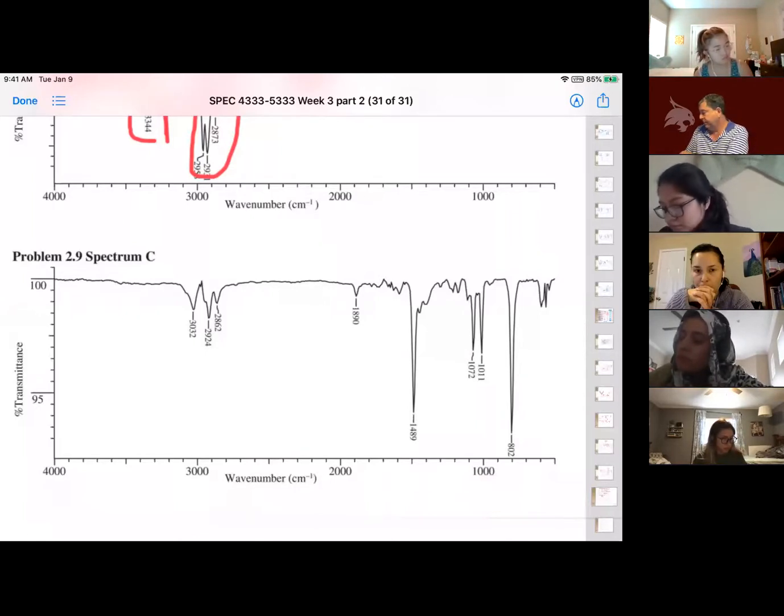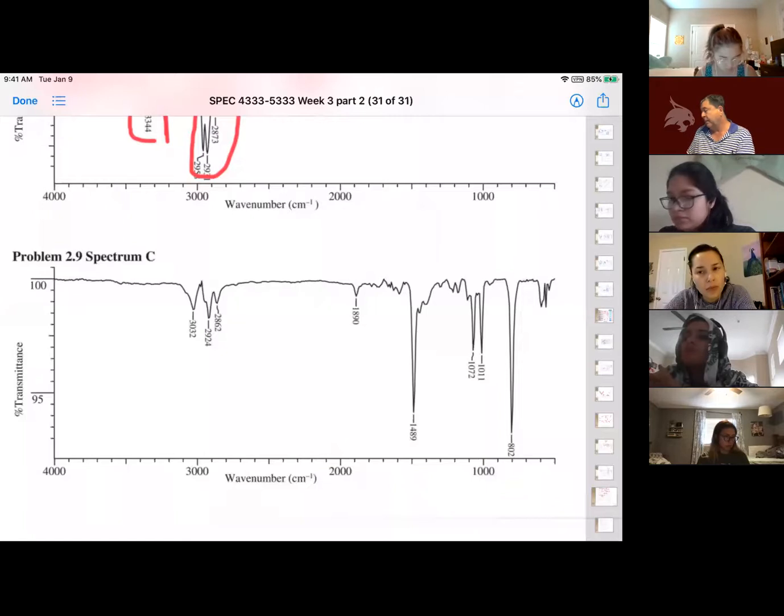1890. It can't be an ester because that's not in the right place. Can't be an alkene. It could technically be a monosubstituted benzene if it had a weak peak in that range. That might be what we see. What else is in that range? Almost nothing.